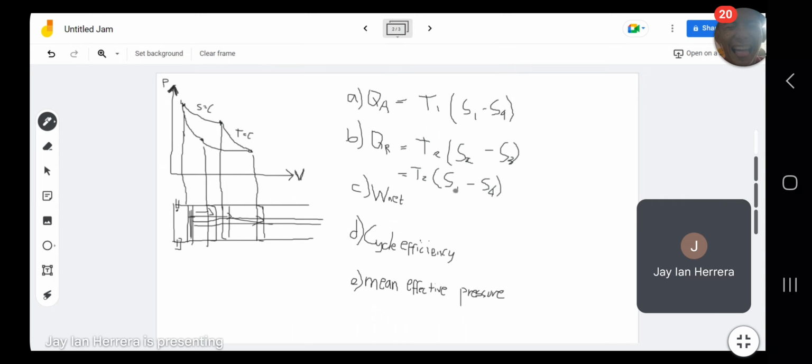Ito lang din. Work net natin, work net is always QA minus QR.